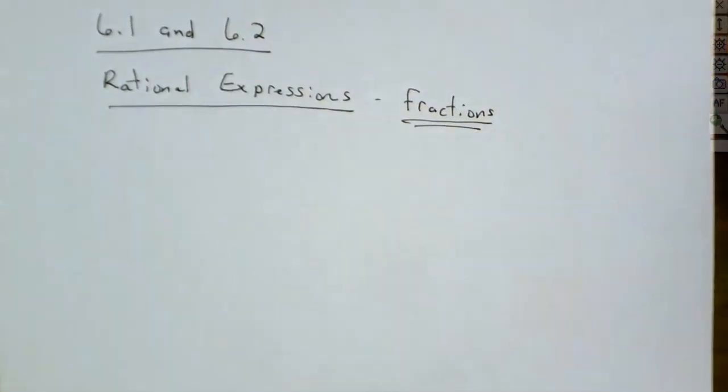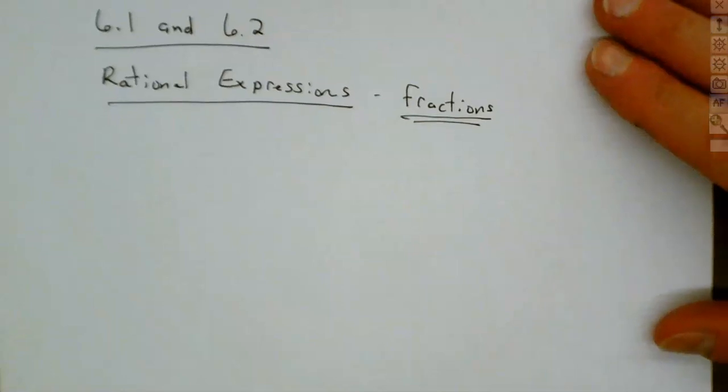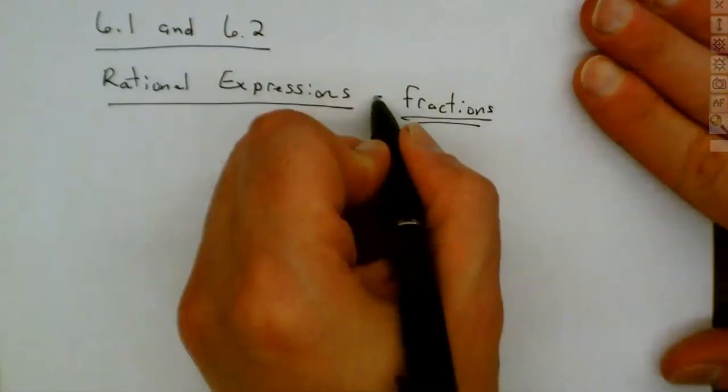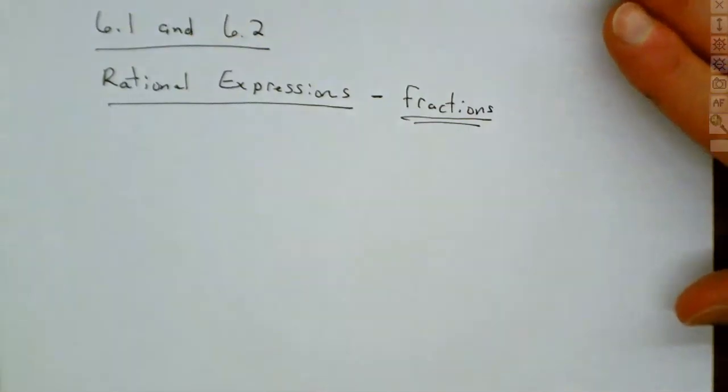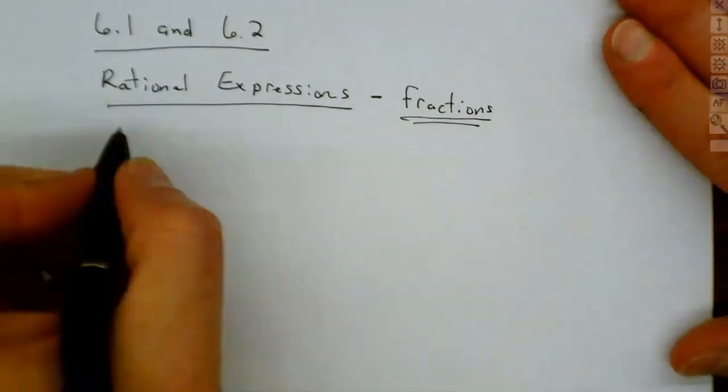So these are going to be fractions here. Now what we're going to first learn about is we're going to learn how to find the domain. And you do this a lot in college algebra.